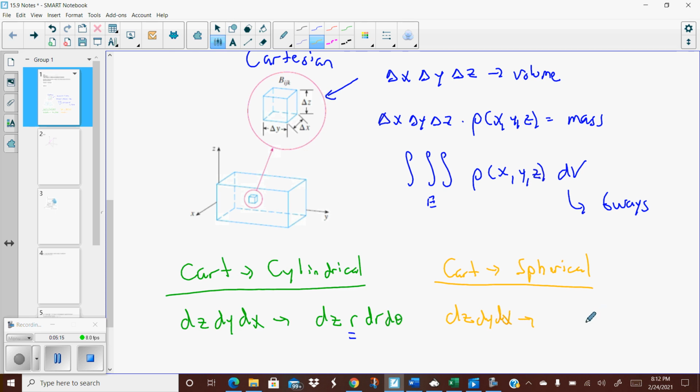So we're going to have some kind of a d rho, d theta, and d phi. The question is, do we have a conversion factor? What goes there? And that's what we're going to develop in this video. All right, so let's move on to second page.